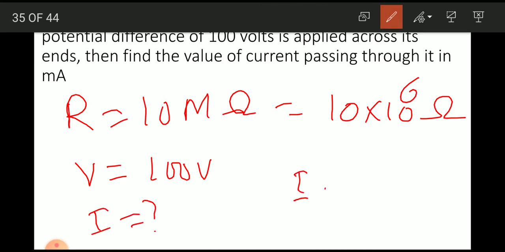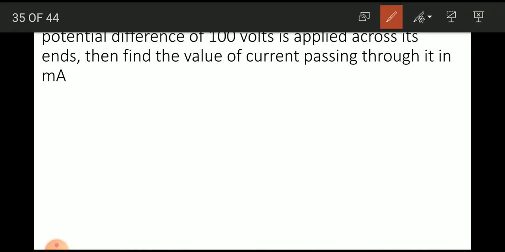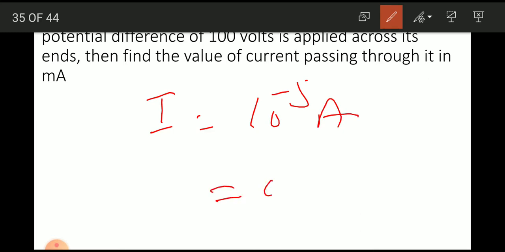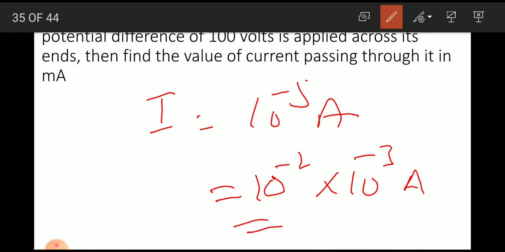I is equal to V divided by R. You will calculate the answer and you will get I is equal to 10 raised to power minus 5 ampere. So you will write 10 raised to power minus 2 cross 10 raised to power minus 3 ampere, which is 0.01 milliampere.